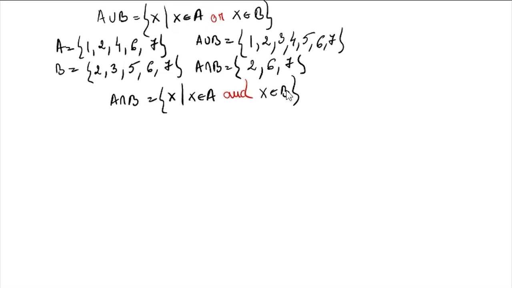Because 2, 6, and 7 are in the set A and also in the set B. 2 is in A, 2 is in B. 6 is in A, 6 is in B. And 7 also. So basically, when I speak about the intersection of two sets, I'm going to take into consideration only the common numbers.